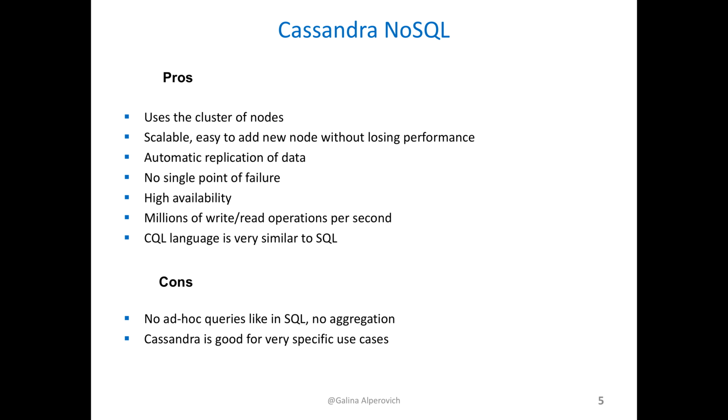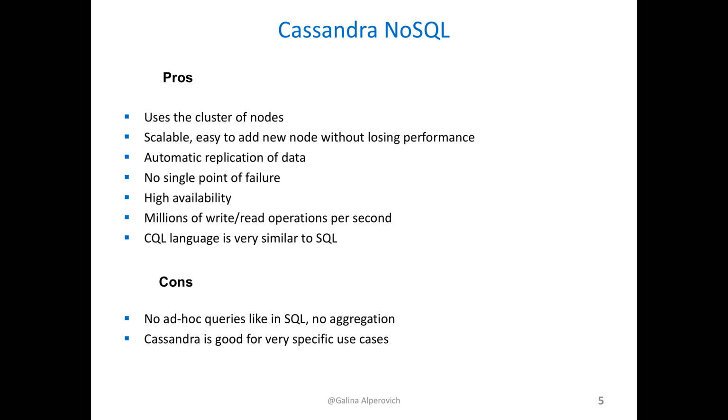Also, it has CQL, a query language which is very familiar to you because it's very similar to SQL. But the disadvantages of Cassandra and all other NoSQL databases are that it's very different from SQL.